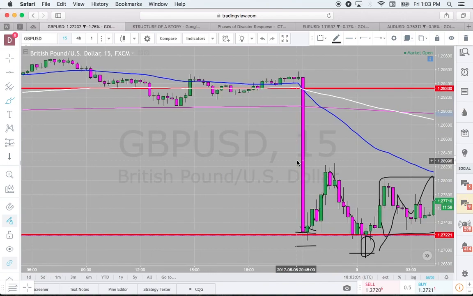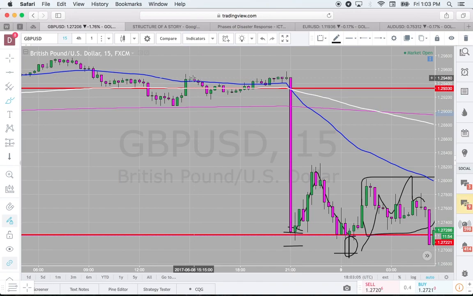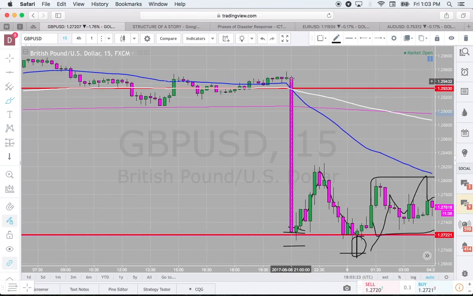Also, during news events, a lot of the times you will see before a news event or during a news event, a stop hunt will occur at a higher or a low or at a second leg of an M or a W formation. And you can see that's what happened here right before the news on GBP.